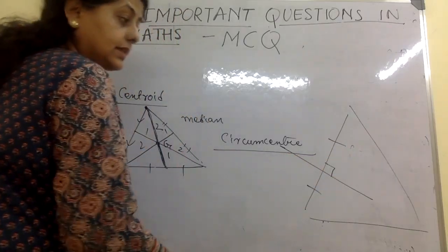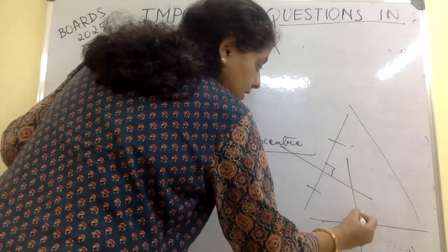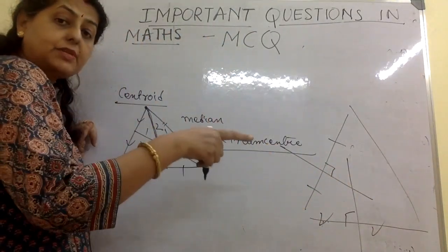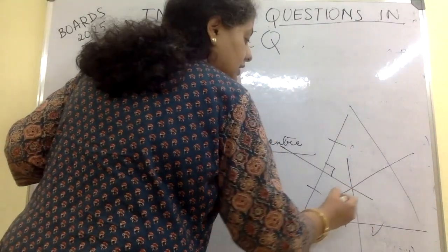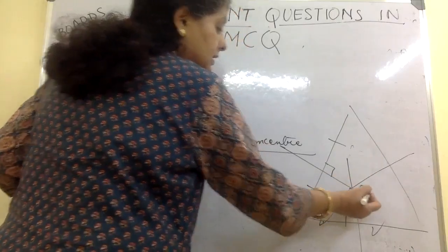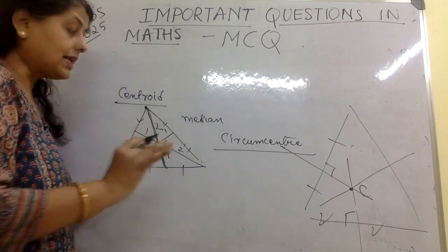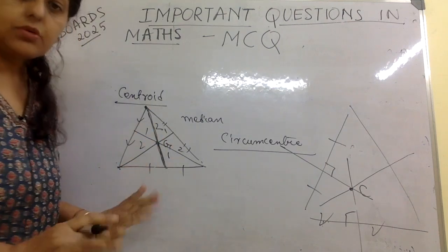Maybe it is just bisecting here, maybe just bisecting here. It is bisecting and it is perpendicular, that makes it a perpendicular bisector, and another one here. So this point is the circumcentre. This has to be remembered, can't do anything about it.